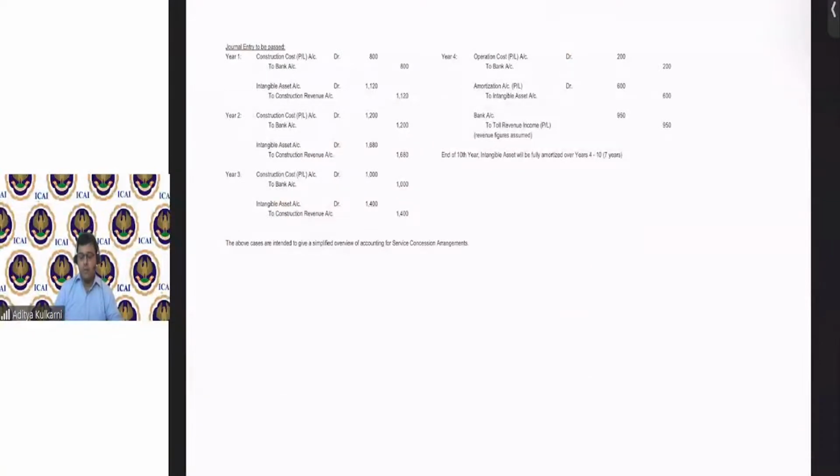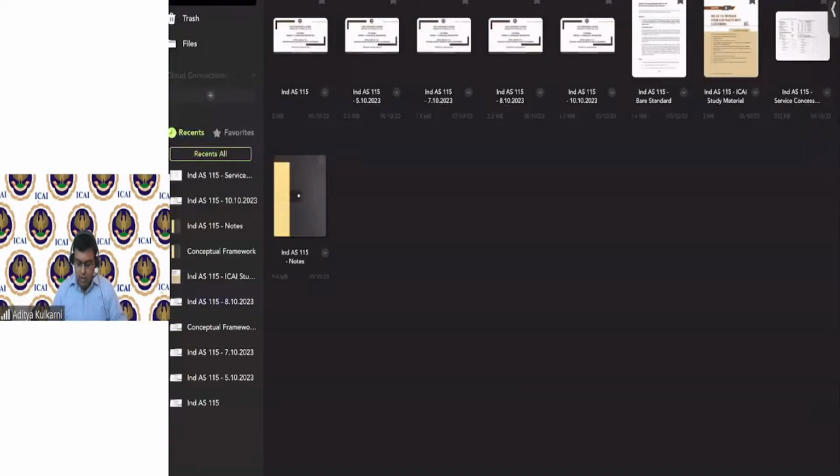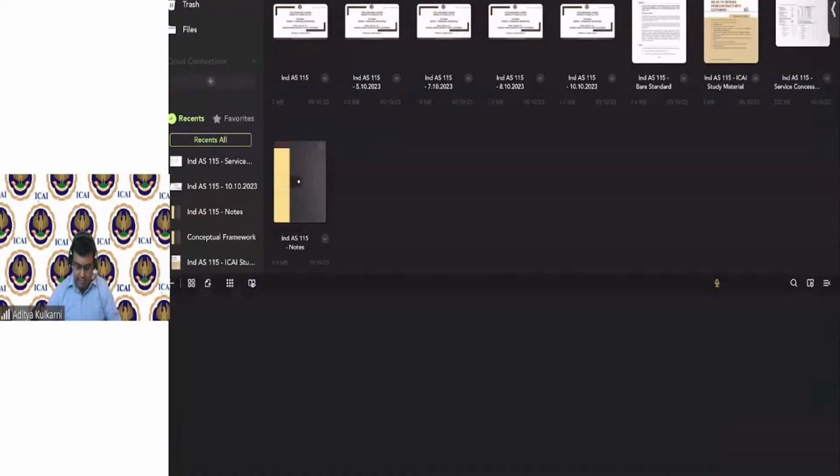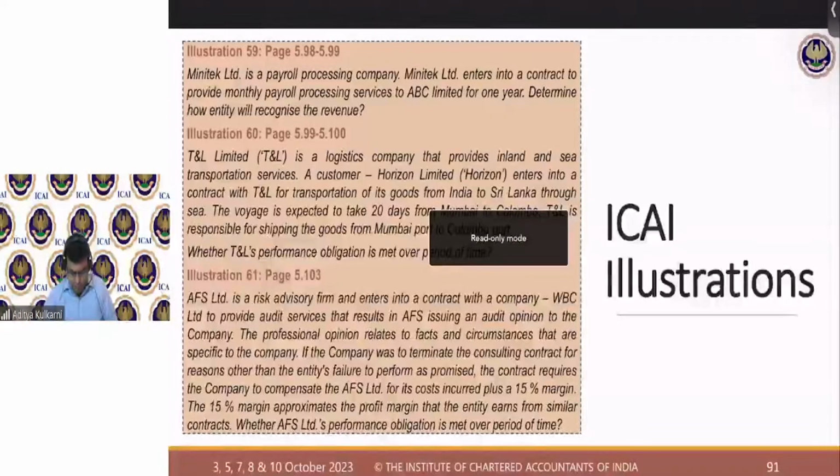We have 2 questions. This is a year-wise, very detailed and thorough question, which we have done. The institute's question that you are having on the Jabalpur-Bhilwara highway, let me open.